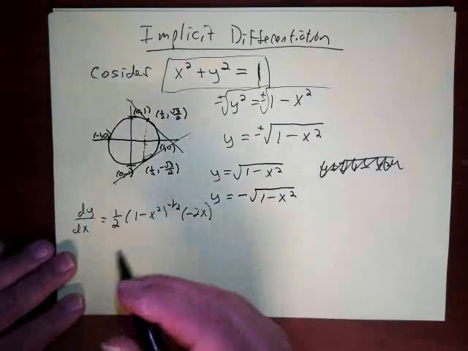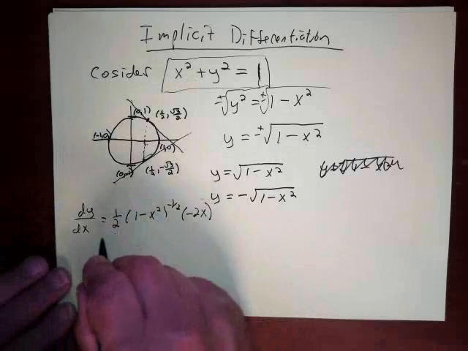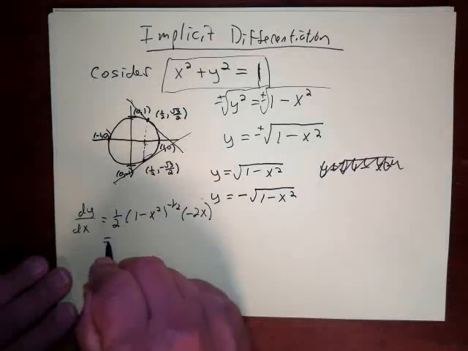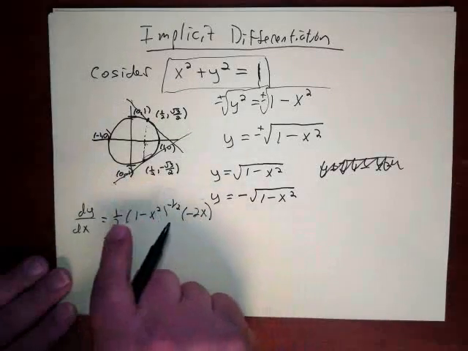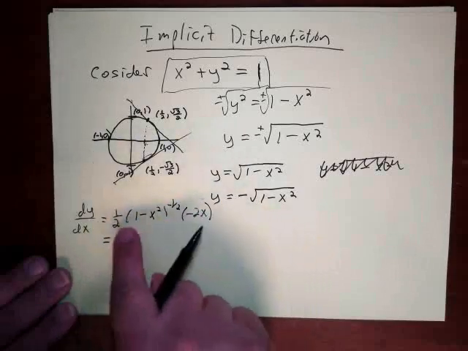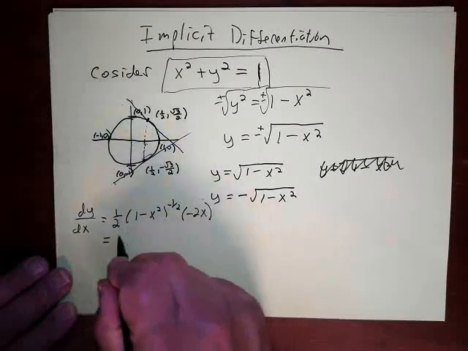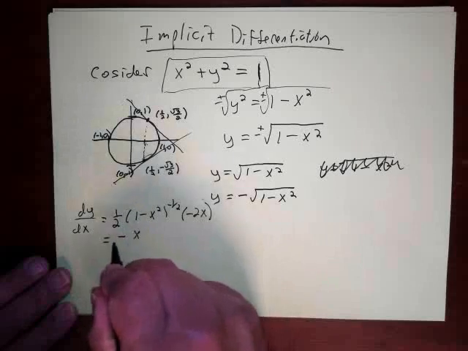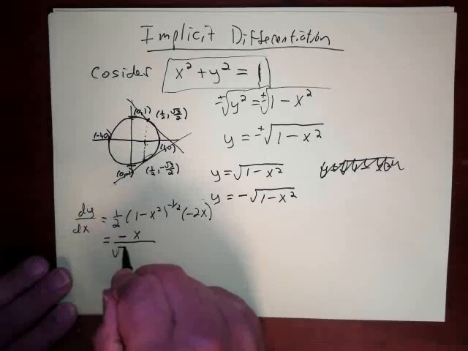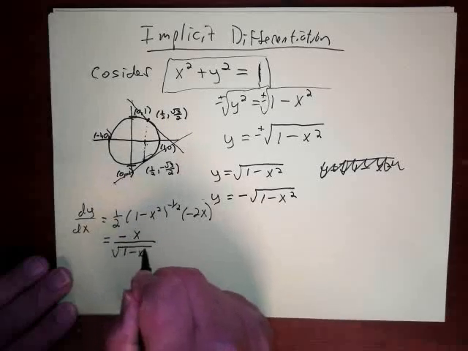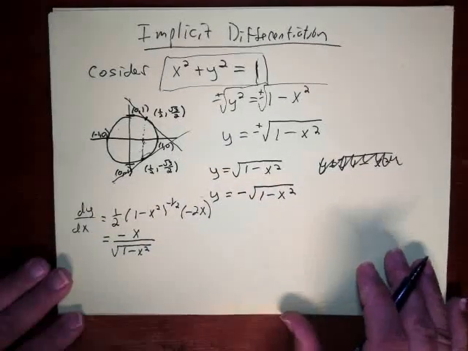Okay, so I get all of this, and then I can simplify: the negative 2 and the 2 cancel out to negative 1. So I get negative x over the square root of 1 minus x squared.